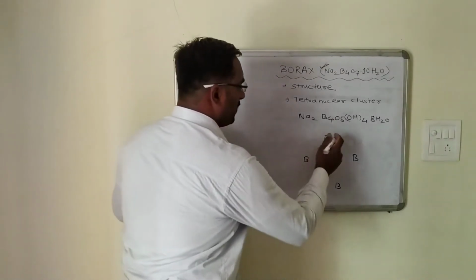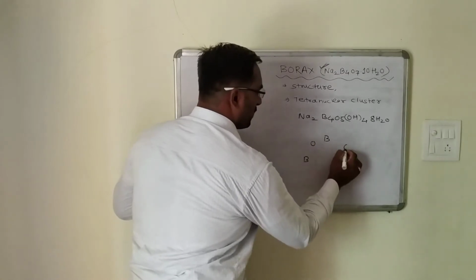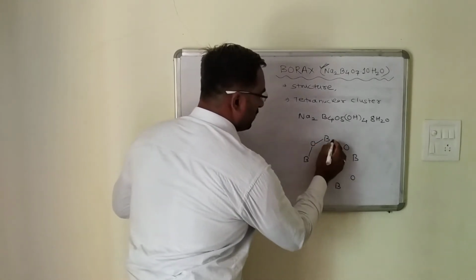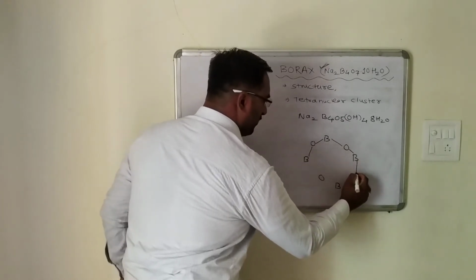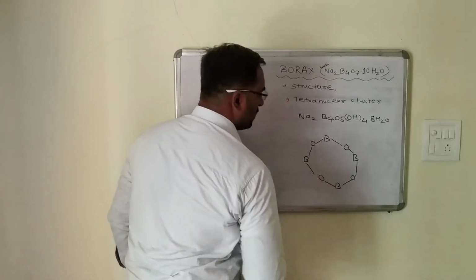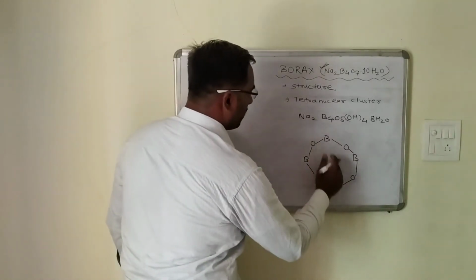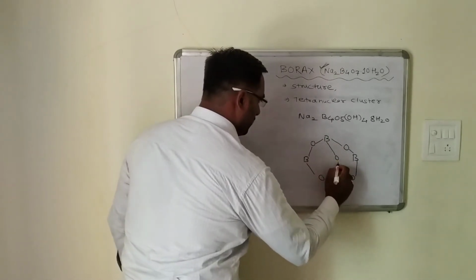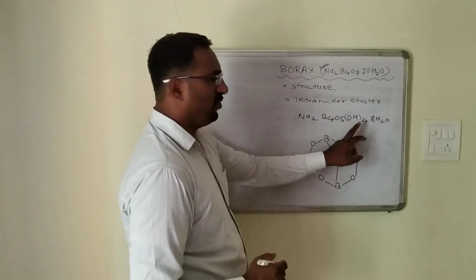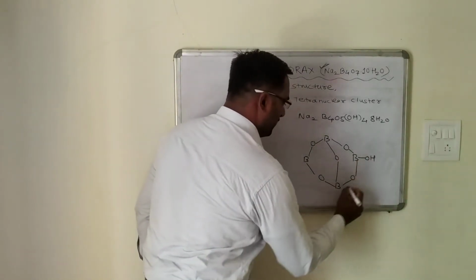Then connect these borons with oxygen, using oxygen bridge bonds. So one more oxygen, 5 oxygens are there, 4 are over, again B-O-B bond. Again, how many OH? There are 4 OH. These hydroxyl groups are directly attached to the boron.